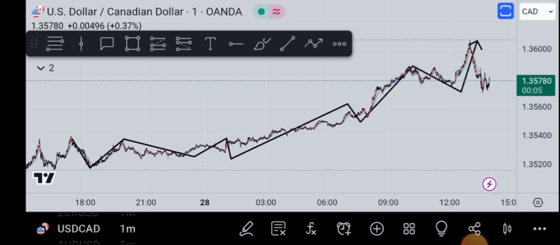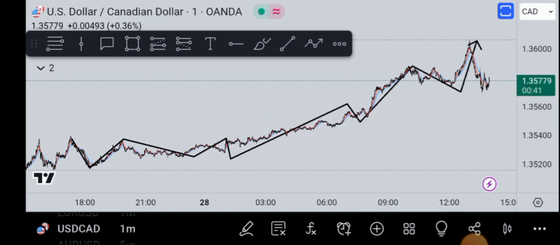So you can apply the same concept in this scenario. The US dollar has been appreciating over the Canadian dollar. That shows that the demand for the US dollar has been very high compared to the Canadian dollar. That is why we have a chart that is appreciating like this.